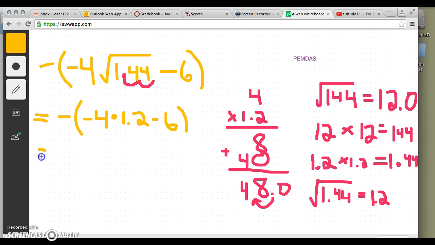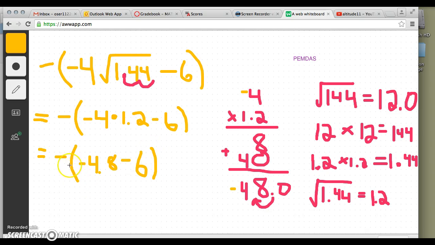So this will be equal to negative parentheses, -4 times 1.2. Excuse me, I forgot that this was a negative up here, but a negative times a positive always results in a negative. So that's a negative 4.8. And we still have a -6 here.